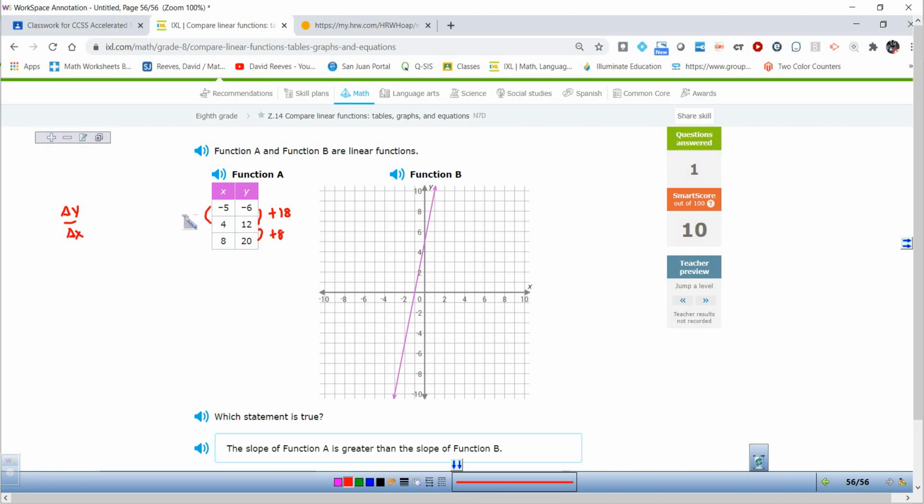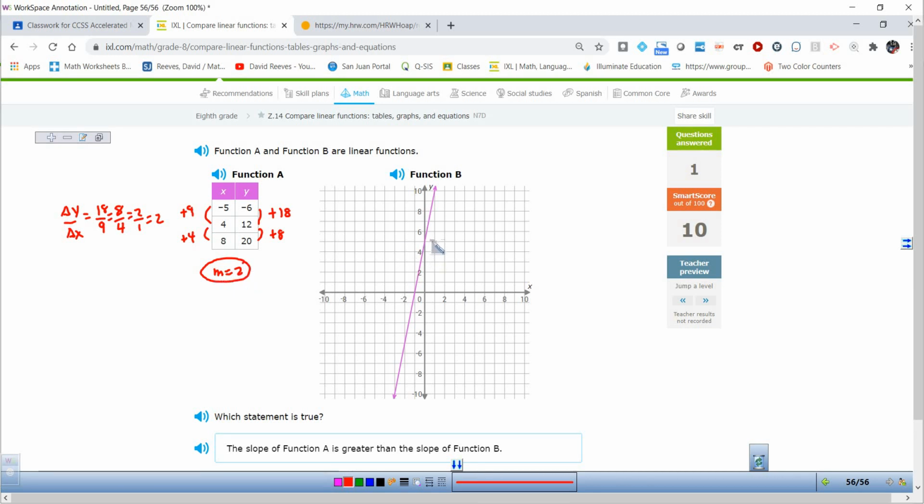From negative 5 to 4, that one goes up 9, I believe, right? And from 4 to 8, that one goes up 4. So if we look at our change in y over change in x, we had 18 over 9, and we had 8 over 4. Again, at first glance, they look different, but 18 over 9 and 8 over 4 both simplify to 2 over 1, or 2. So the slope of our table is 2.